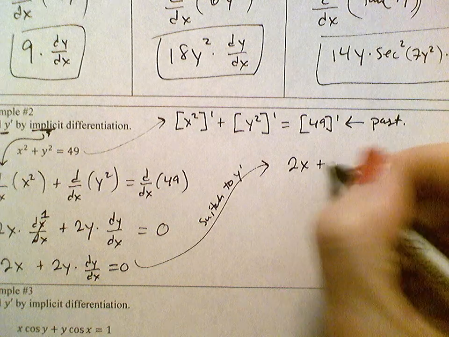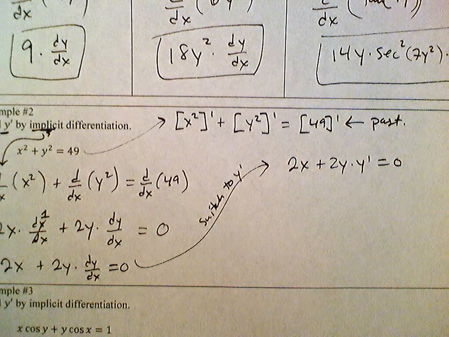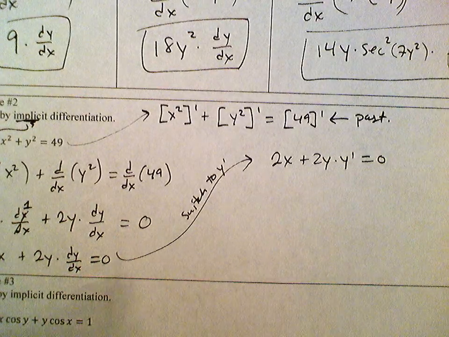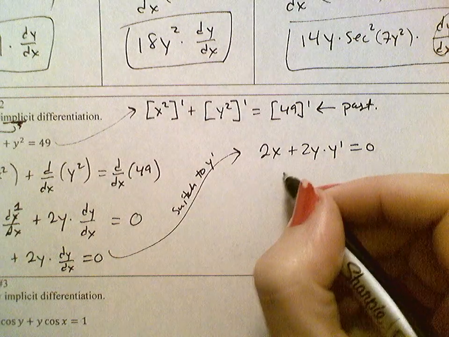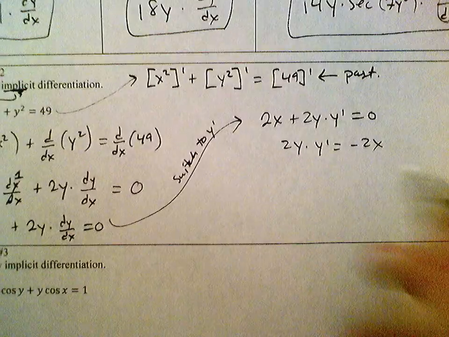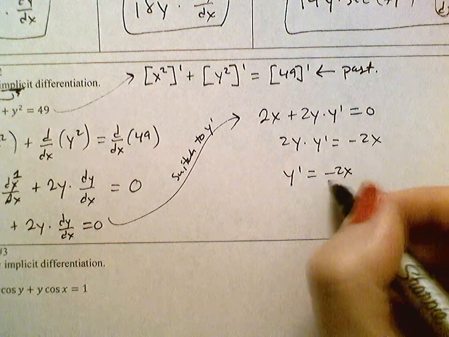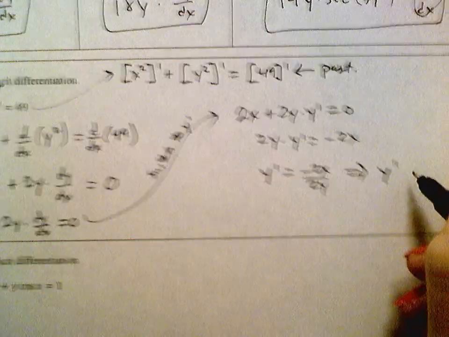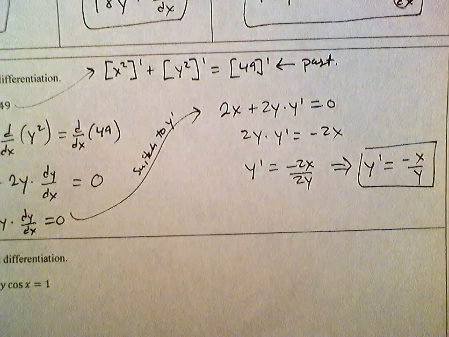So 2x plus 2y y prime equals 0. I switched to y prime because it's easier to do the algebra. So I'm going to subtract 2x from both sides, and I'm going to divide both sides by 2y. And then I end up with y prime equals negative x over y.